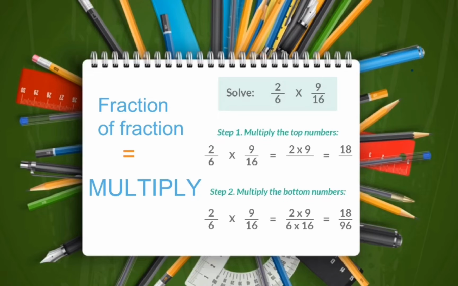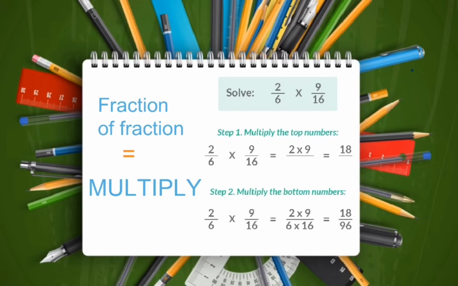Pay attention. 2/6 times 9/16. Our step number 1 is multiply the top numbers or the numerators. So we multiply 2 times 9. 2 times 9 equals 18.